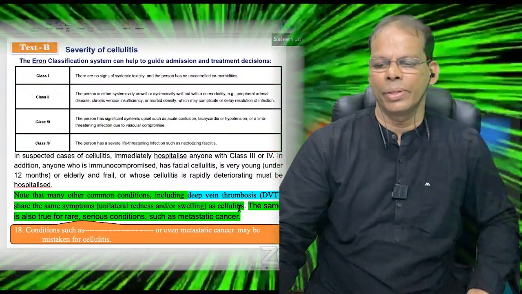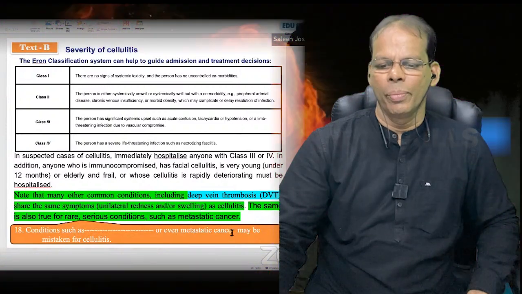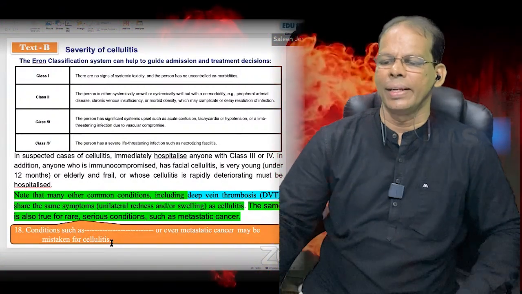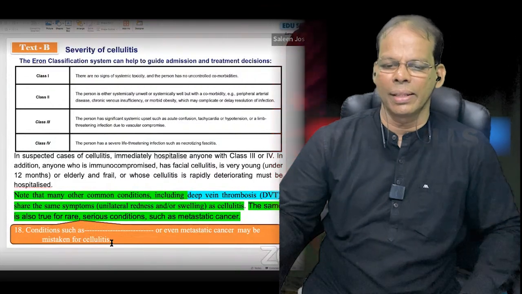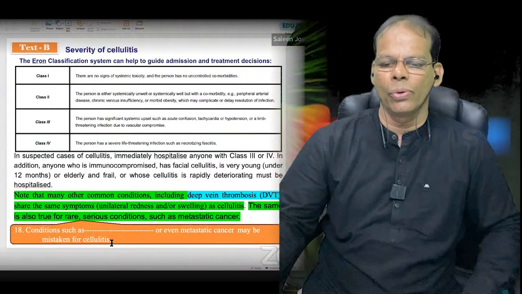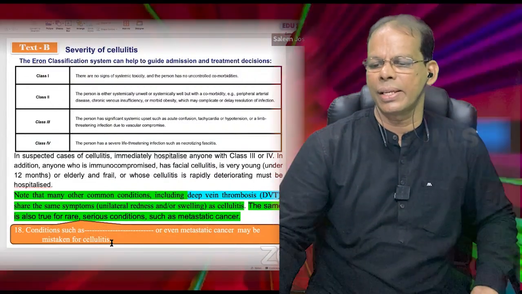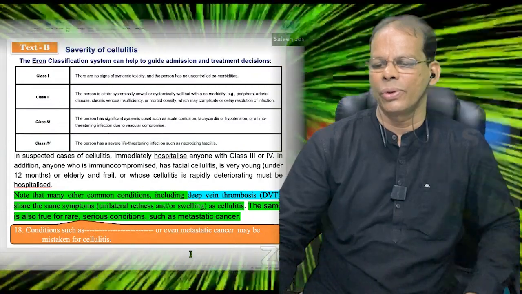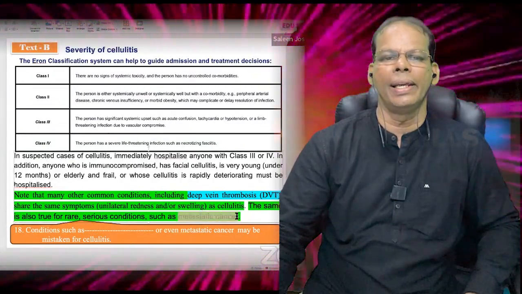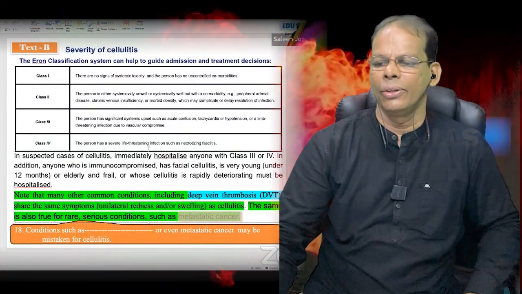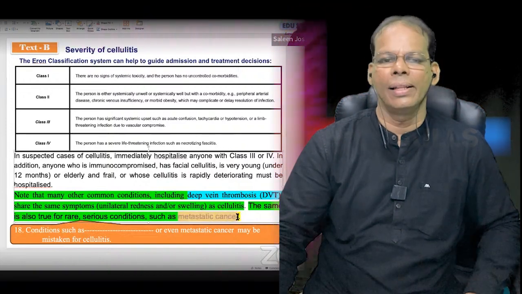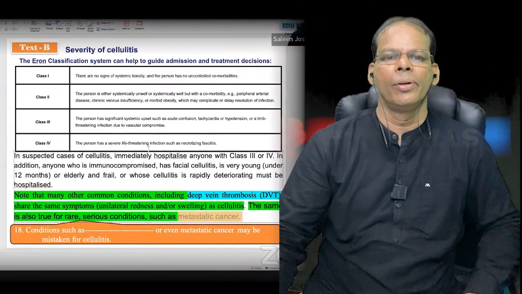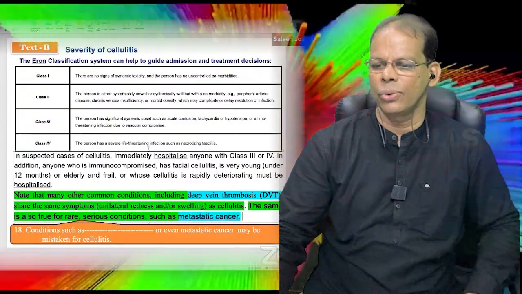Same symptoms means it can be mistaken for cellulitis, you can have confusions. The same is also true for rare serious conditions such as metastatic cancer. So if you have identified the names of the conditions when you scanned, these 2 are names of conditions, and this question is based on particular conditions. Yes, these 2 names are given here.